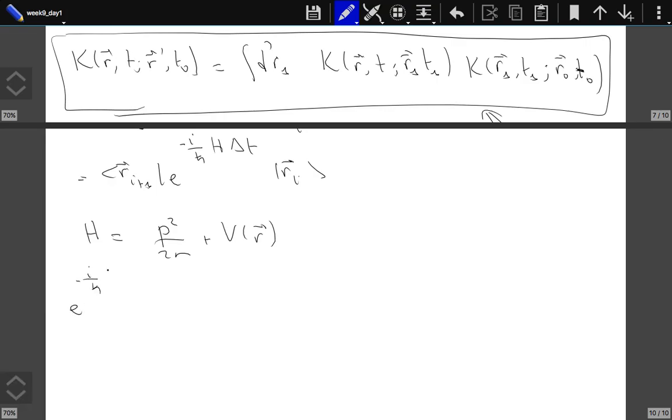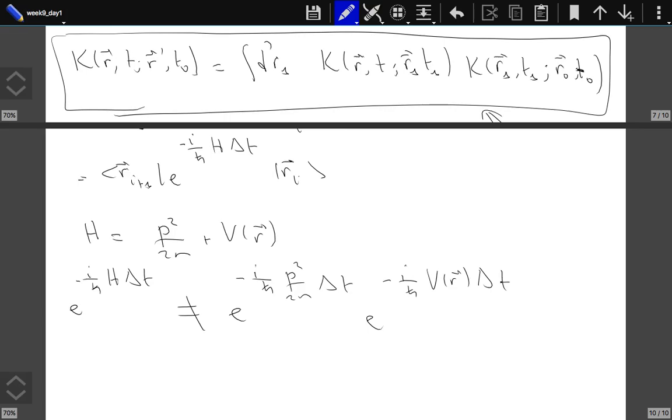Now, e to the power minus i over h bar H delta t is not equal to e to the power minus i over h bar p squared over 2m delta t times e to the power minus i over h bar V delta t, because p squared over 2m and the potential, the kinetic term and the potential term, do not commute.